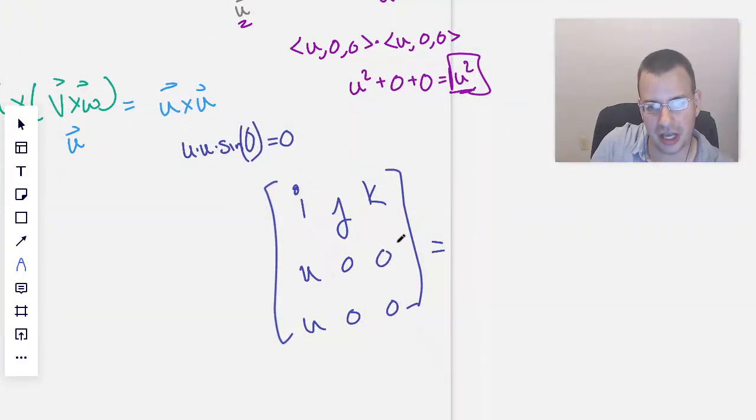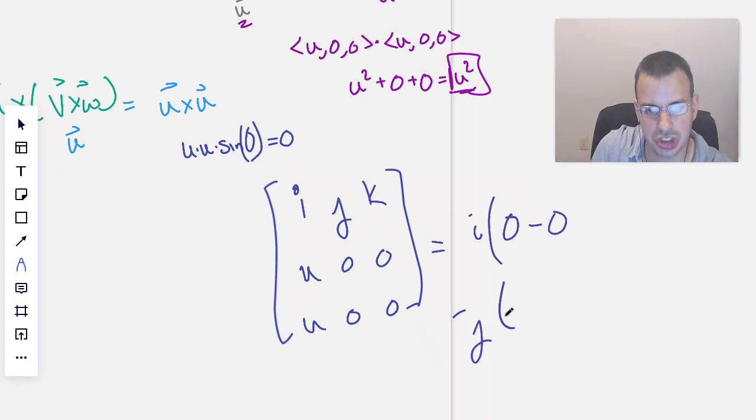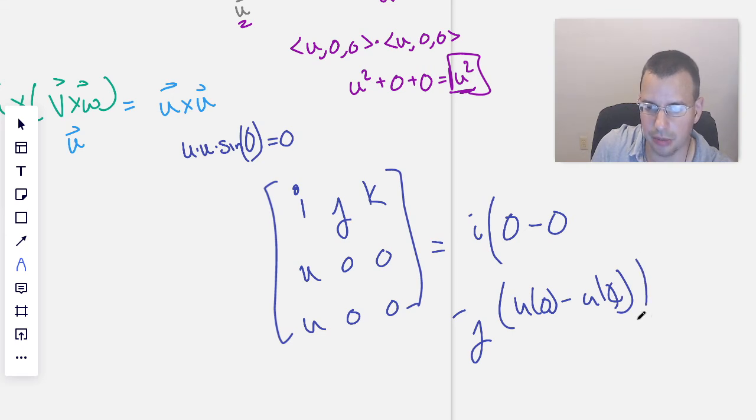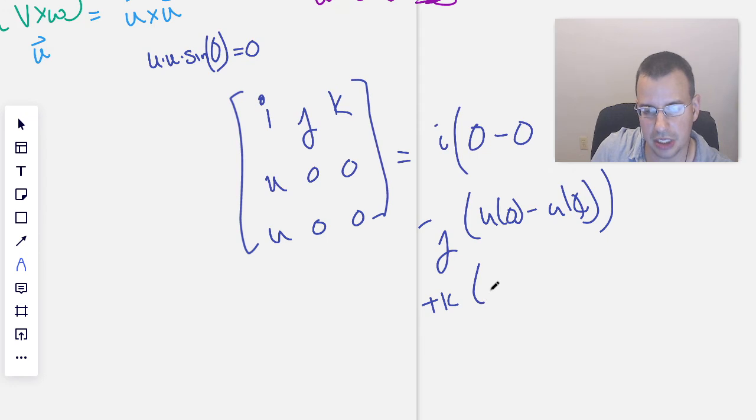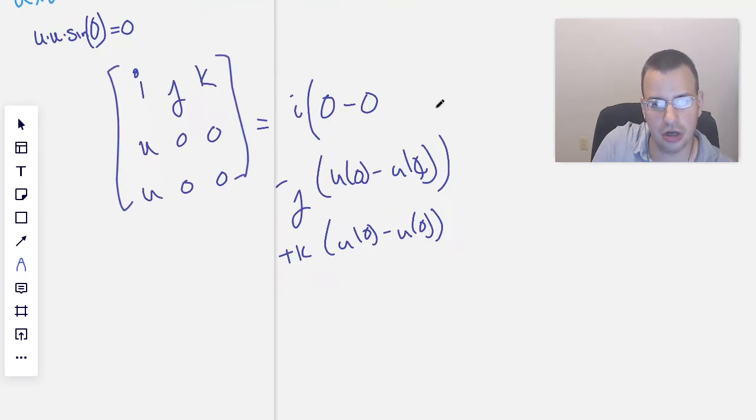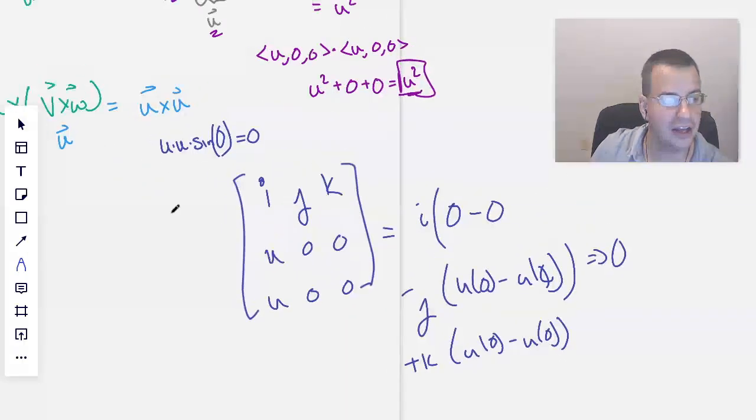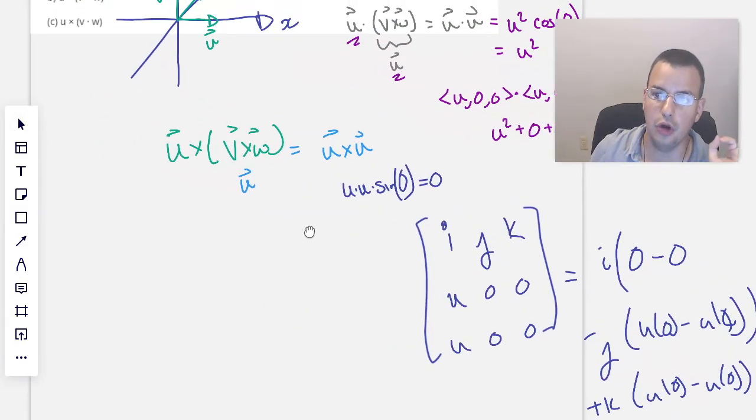And then, so we look at the i's, do i, 0 times 0, minus 0 times 0, minus j, u times 0, minus u times 0, plus k, and that's also going to be u times 0 minus u times 0. Long story short, this is all going to be 0. So a vector cross itself will be 0.